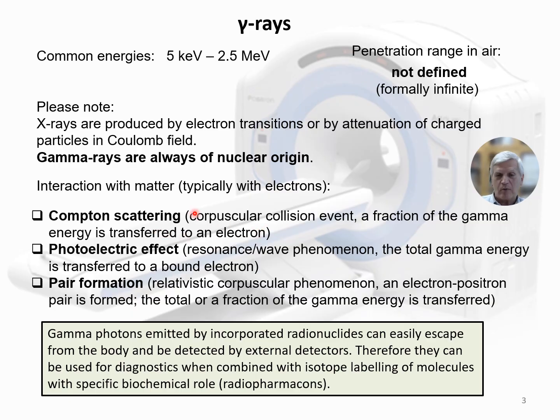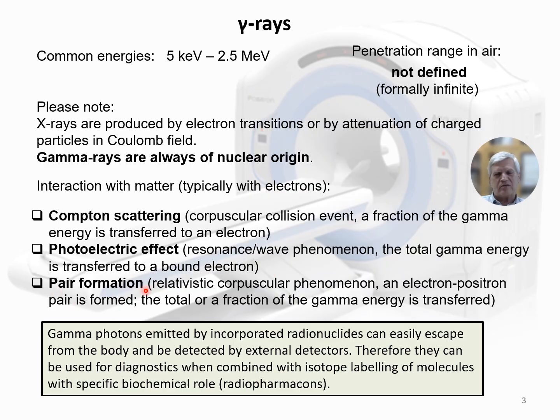So this is a corpuscular event where the electron and also the photon act as a particle. In contrast, with the photoelectric effect, both the gamma photon and the electron act as a wave. So this is a resonance phenomenon, and in this photoelectric effect, the total gamma energy is transferred to the matter, actually to a bound electron.